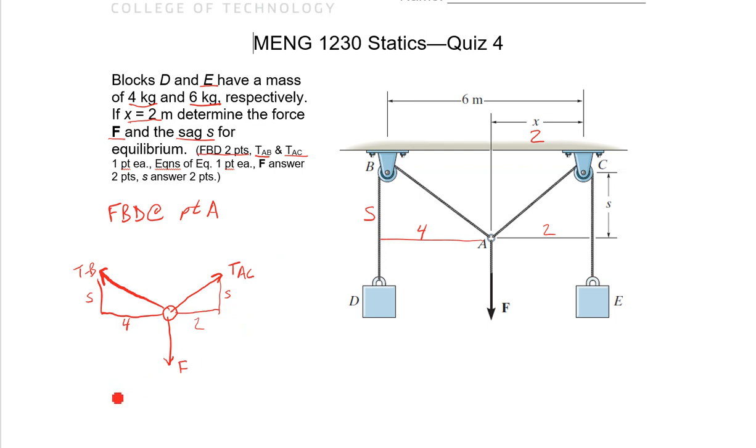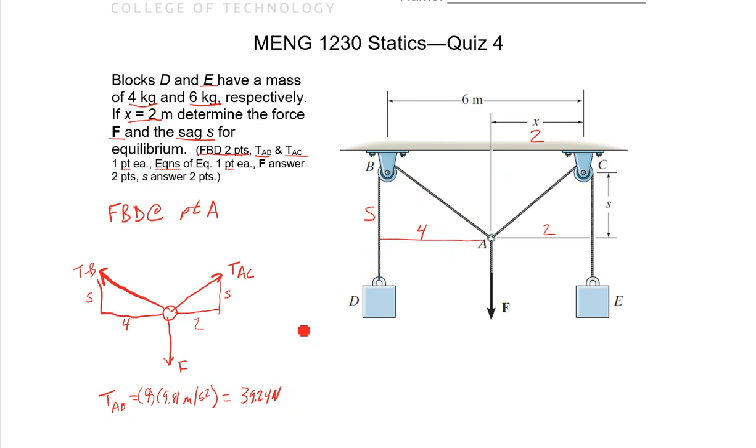So our tensions, since this is a frictionless pulley, both at B and C, our TAB equals the weight of, or the mass of D, which is 4 kilograms, times 9.81 meters per second squared. So that gets us a weight of 39.24 newtons, and that tension is the same on both sides of this pulley.